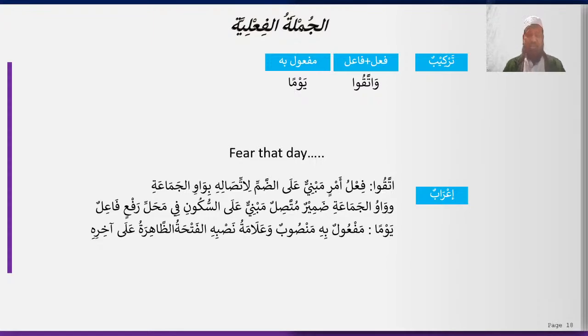We've looked at when a dharf becomes a shibhul jumla, and a shibhul jumla in a jumla fi'liya comes in the slot of maf'ul fihi. But there are some words from the group of dharf zaman or dharf makan.